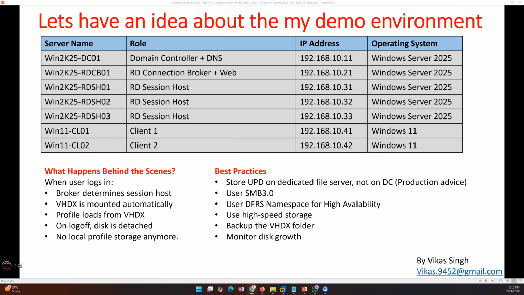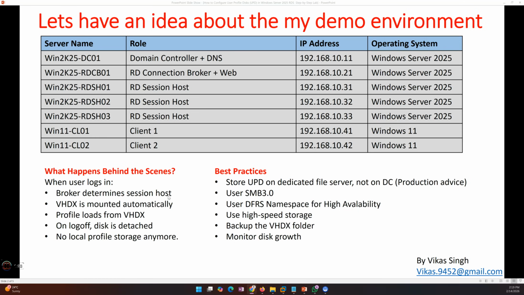We will store all our users' profiles on a virtual disk located on the domain controller. So what happens behind the scenes when users log into an RDS session host and UPD is enabled? When users log in, the broker determines which session host needs to cater to the user based on load balancing and other parameters.